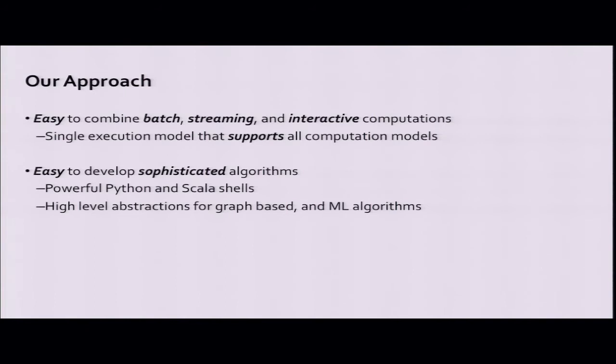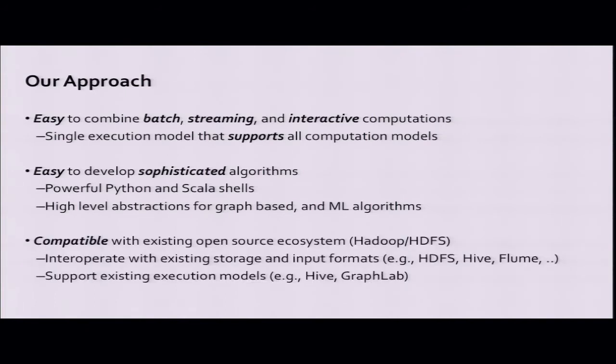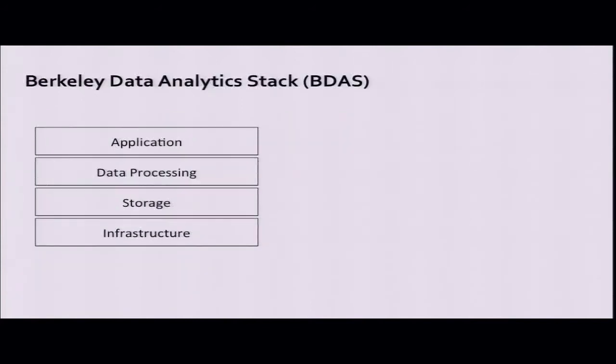And we also now start to provide high-level abstractions for graph-based and machine learning algorithms. And finally, we try to be compatible with the existing open source ecosystem. To do that, we try to interoperate with existing storage and input formats like HDFS, Hive Metastores, Flume, and support existing execution models such as Hive and GraphLab.